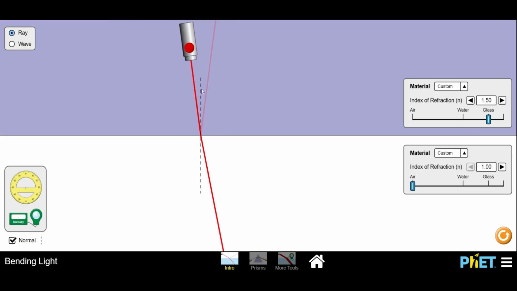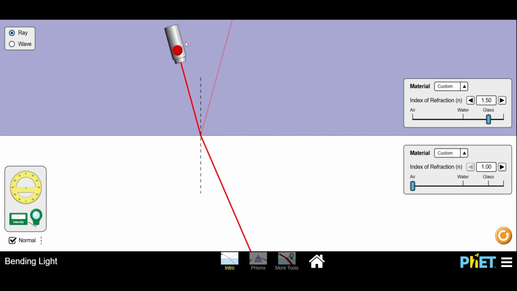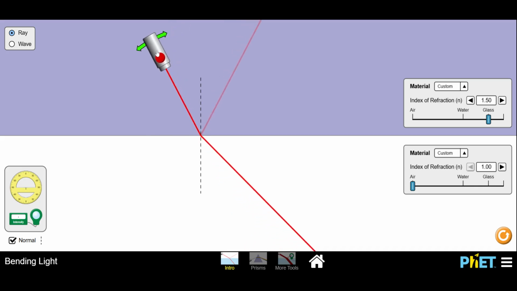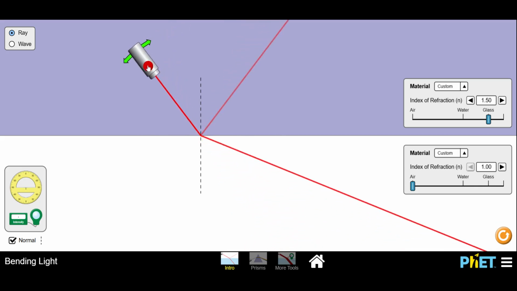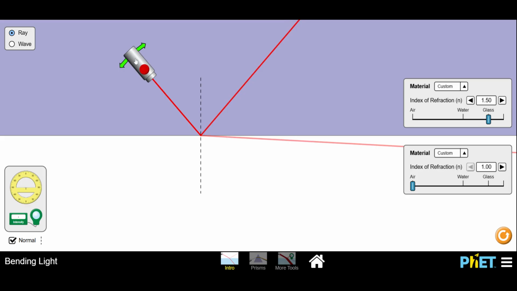We start to get some reflected light here, and as I increase that angle, it gets harder and harder for the light to make it across that boundary, and then at some point we get the angle of refraction being 90 degrees. So as it approaches the interface and becomes 90 degrees, all of the light is then internally reflected.